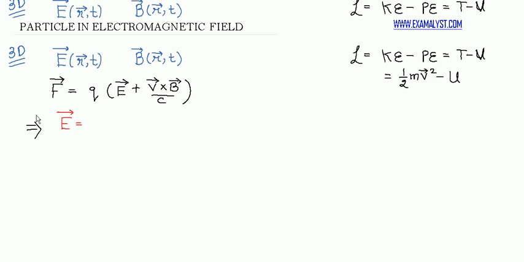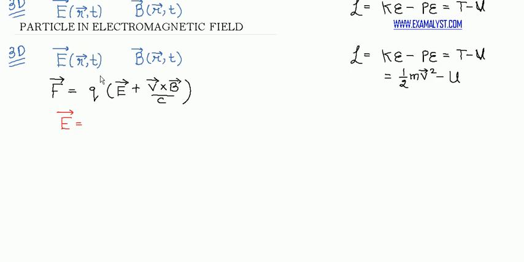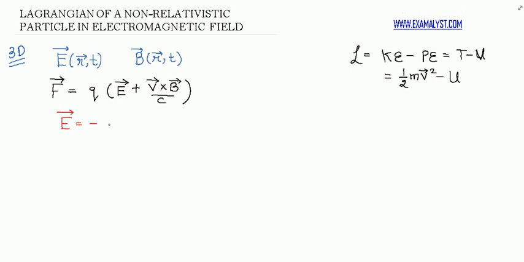Yes, the electric field is equal to minus the gradient of the electrostatic potential, but I'm not going to use V because V we are using for velocity, so I'm going to use phi. But we have done in our complete lecture series that we actually write it in this way; this is the correct way of writing the electric field in terms of potentials.